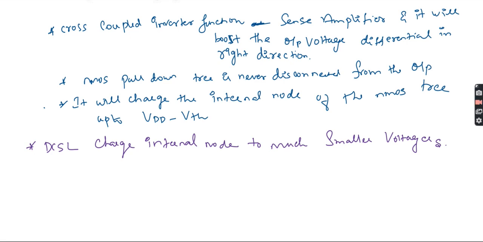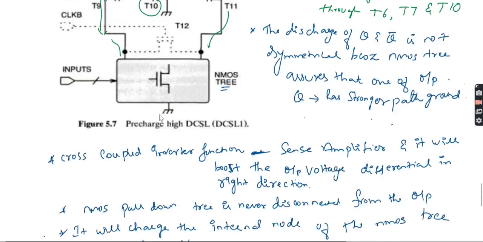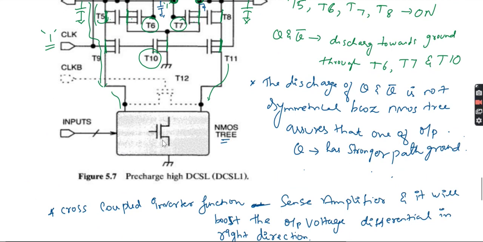Then the transistor T12, here you can see in this diagram, one dotted line will be there, this transistor T12, this one actually, it may require, just I will specify here, it may require to provide charge buildup on the internal node of the gate.